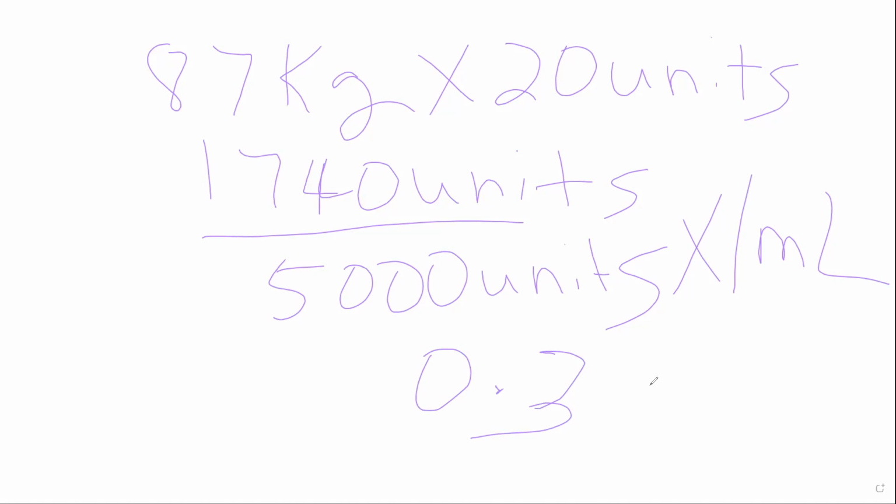So let me do the math again. We had 1740 divided by 100. So you should have got 17.4. And that's why you always go back and double check, because sometimes I do write the wrong numbers down, and so do you.